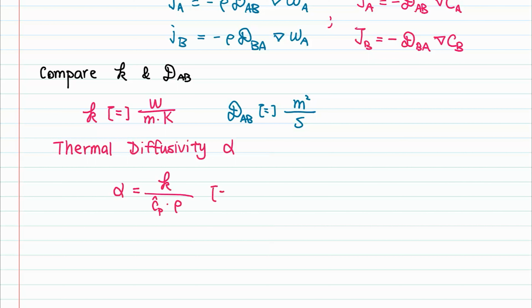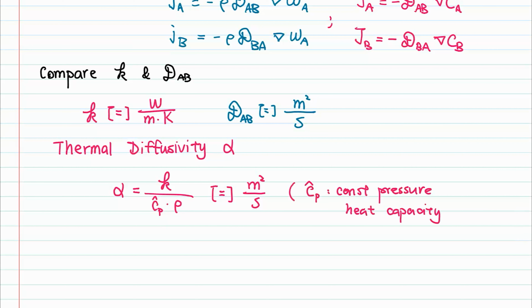When you do that, the unit now also becomes meter squared per second. Here Cp is the constant pressure heat capacity per unit mass, and it has a unit of joule per kelvin per kilogram.